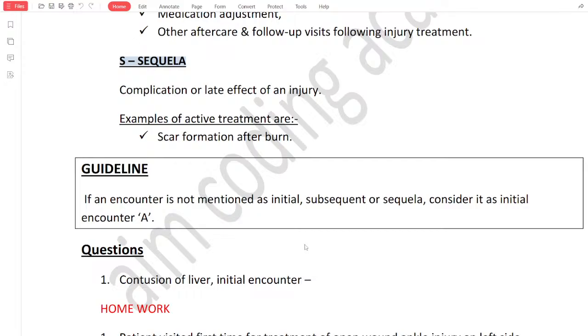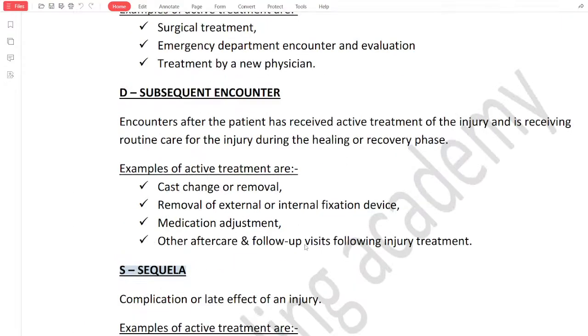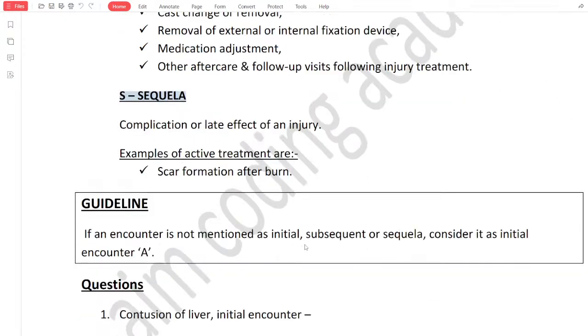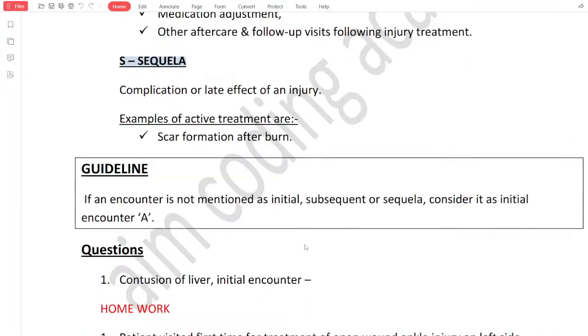The patient visited for first-time treatment, so it is also an initial encounter. So when the patient visits for the first time, you have to code initial encounter. For routine care only, you have to code D.